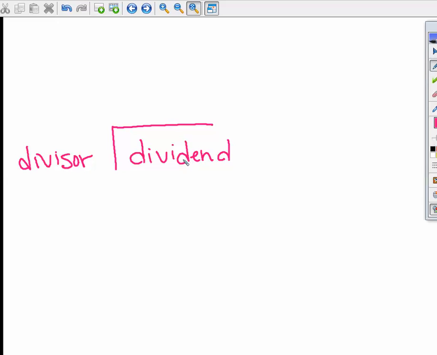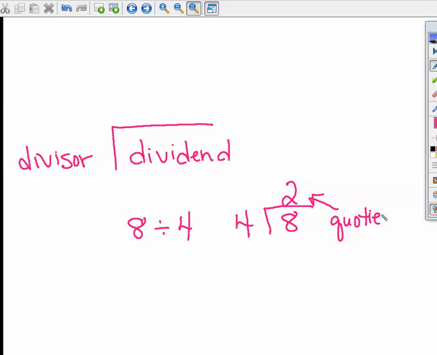Remember, the dividend is the inside number or the first number. So let's say that you have 8 divided by 4. 8 is the dividend, so 8 would go on the inside and 4 would go on the outside. 2 is the answer, and 2 is called the quotient. Okay, so back to our notes.